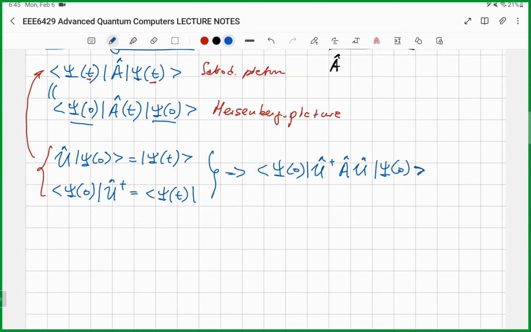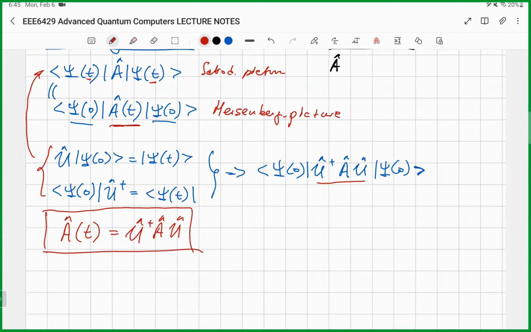And I require this result to be equal to the second one, the matrix element in the Heisenberg picture. So I conclude that my operator A in the Heisenberg picture is connected to the operator in the Schrodinger picture through the similarity transformation. This is what we discussed last week.